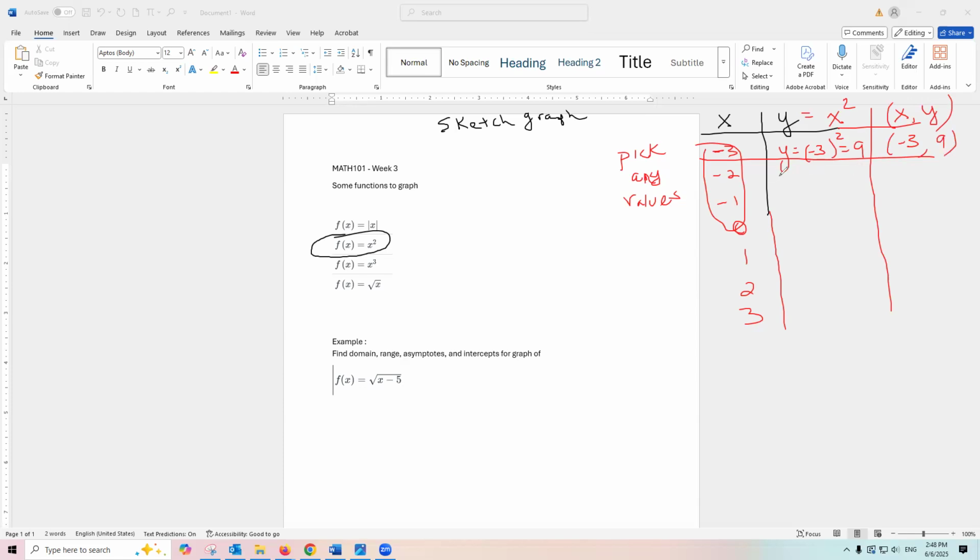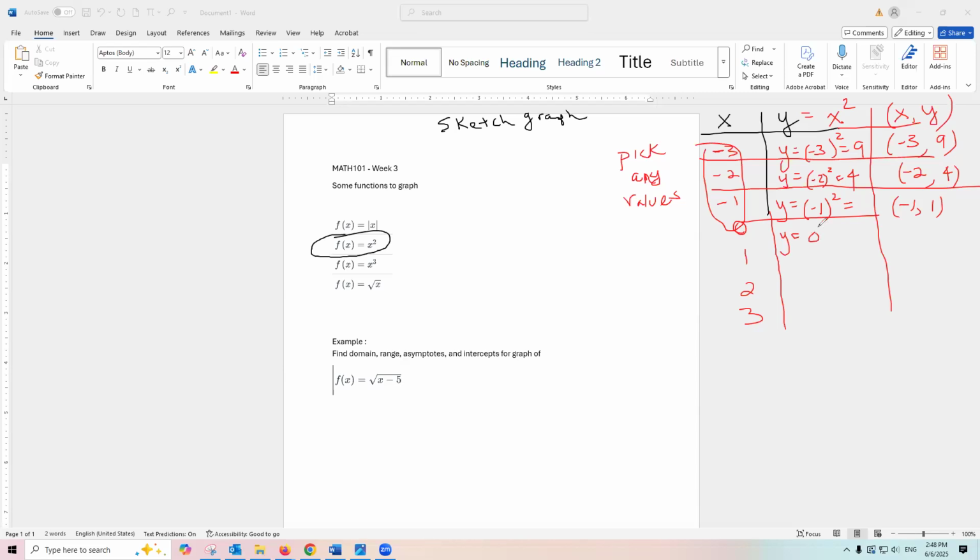Let me do the same thing now for the second row. Here, x is -2, so y is -2 squared. Well, that's +4. So the second row, the point is going to be -2, 4. All right, I'm going to keep going. -1 squared is +1. So this row is going to be -1, 1.